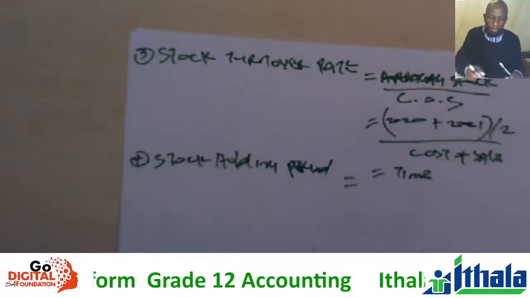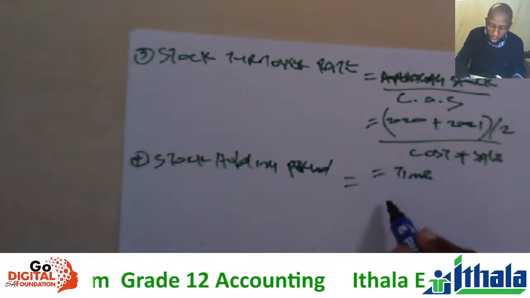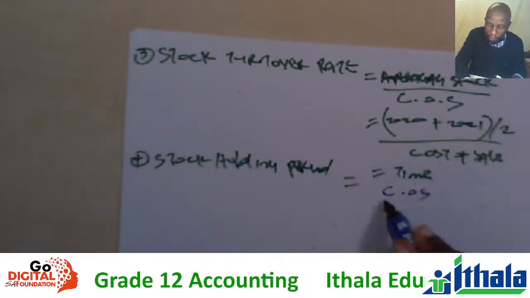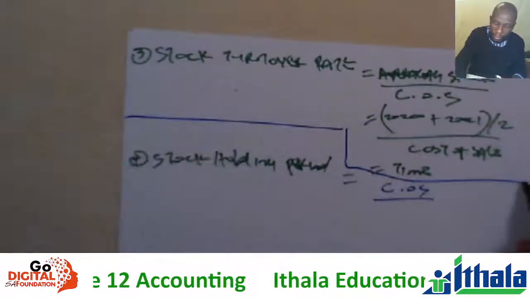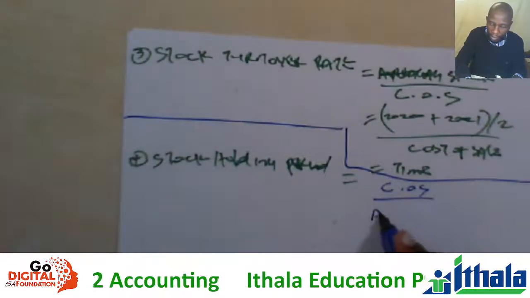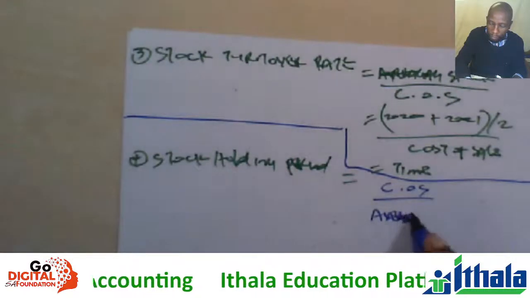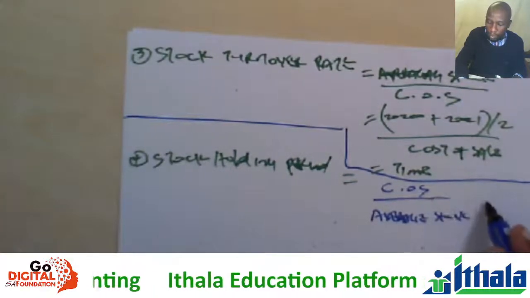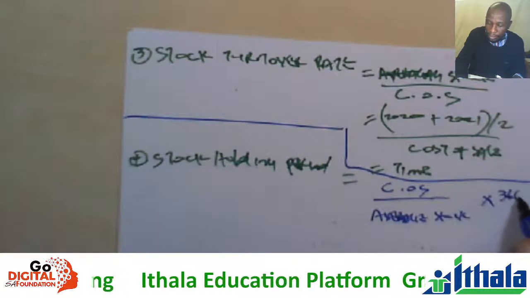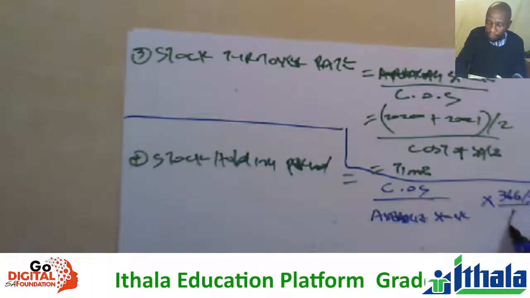It's an opposite of the stock turnover. So which means here we're having what? Cost of sales divided by average stock, times by 366 or 365 over 1.